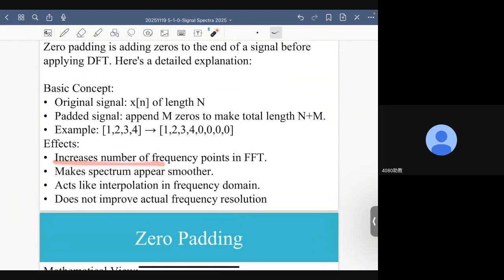It increases the number of frequency points in the FFT. When you look at the frequency components, always remember one thing: the number of points in the frequency domain is always equal to the number of points in the time domain, no more, no less. When I have n, let's say 100 sampling points in the time domain, it means I have 100 pieces of information.